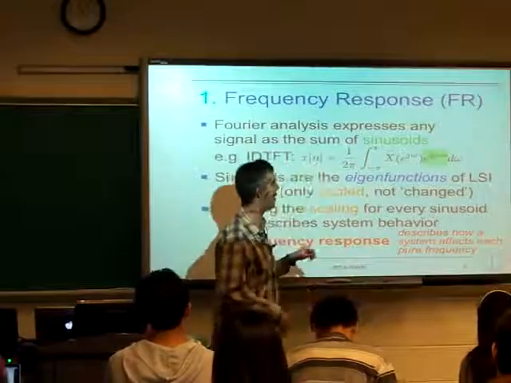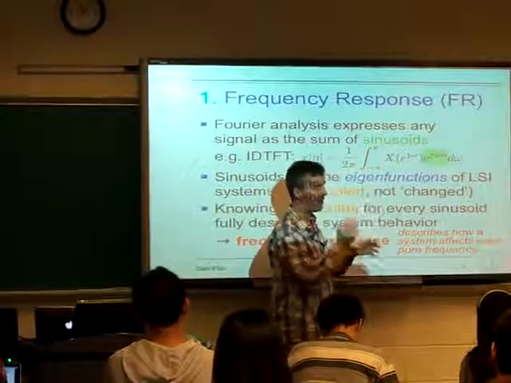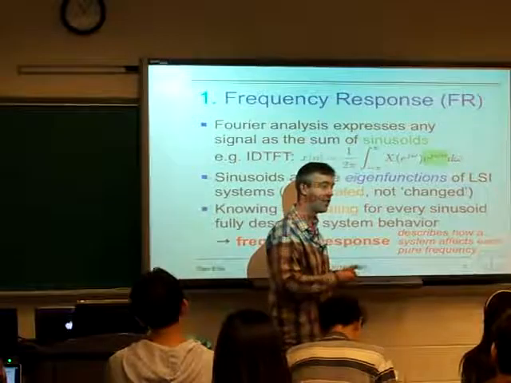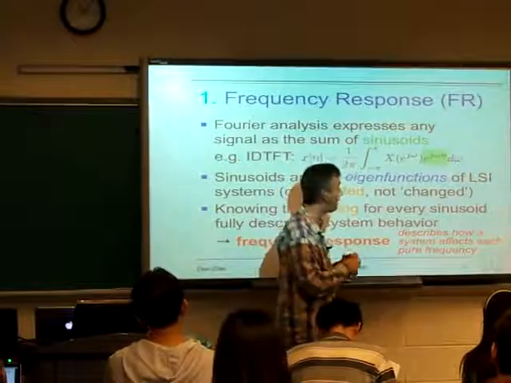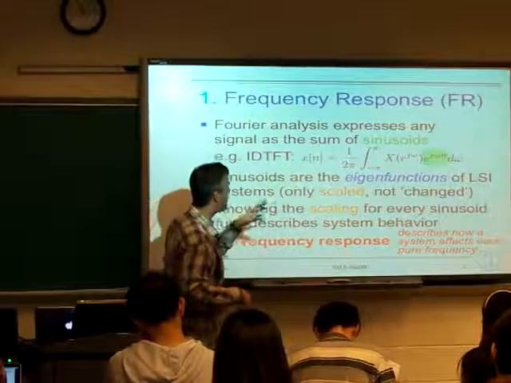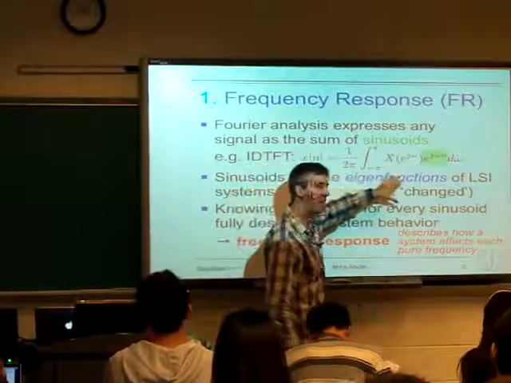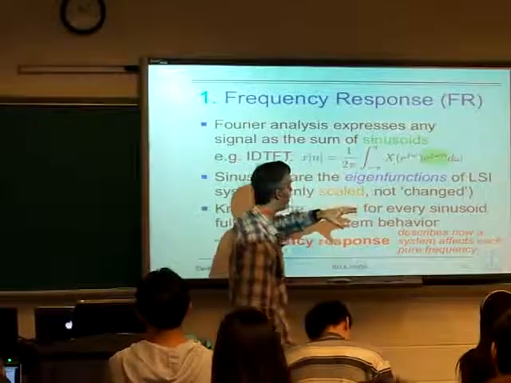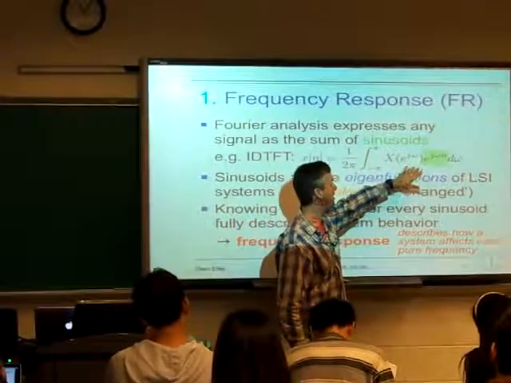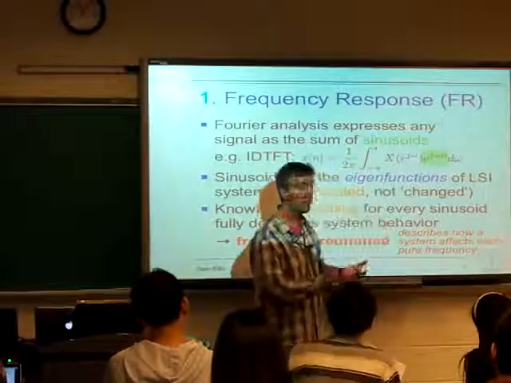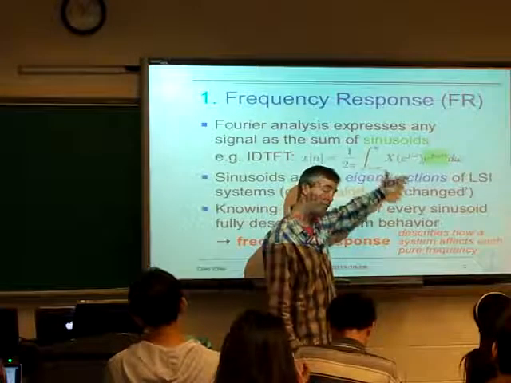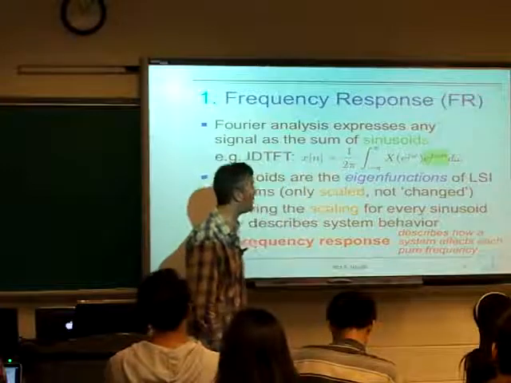For finite length x of n, X of e to the j omega is not going to be a delta function. It's going to be some distribution over frequencies, but the intuitions work the same. It's saying there's a little bit of each of these individual frequencies present in x of n. This is the whole point of Fourier analysis: not only can we express x of n in terms of these sinusoidal bases, but when we do convolution, all we end up doing is scaling these individual ones by the magnitudes of the Fourier transform of the system, the impulse response that we're convolving by.